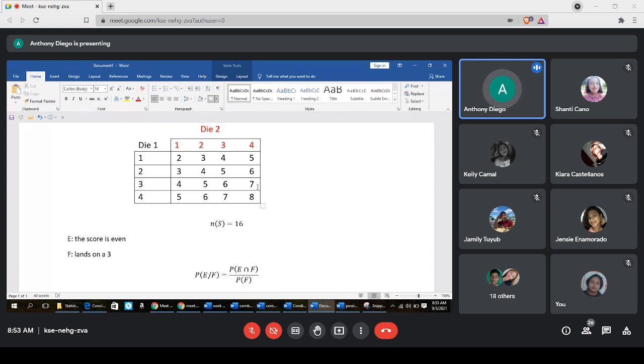So if we have die 1 stay stationary, let's say remaining on a tree, the other one could be a 1, which gives you the 4. The other one can be a 2, which gives you, so the probability there will be 8 out of 16. You got that? Yes, sir.